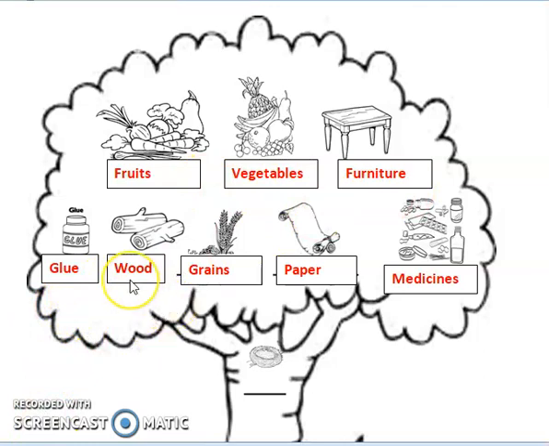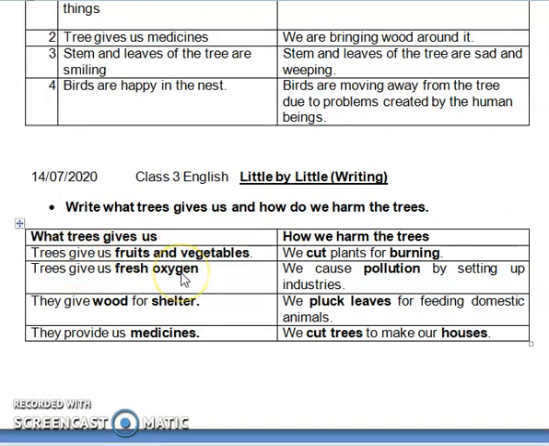That is why the tree you saw in picture 2 was sad. I'm just giving you some examples of what I had pointed out. You may have other answers as well. If the answer is related and relevant, I'll give you marks.